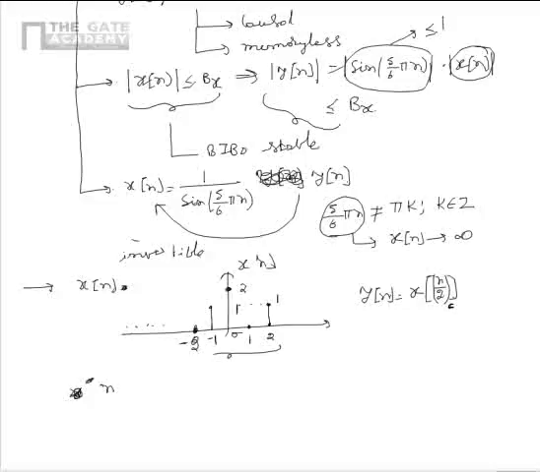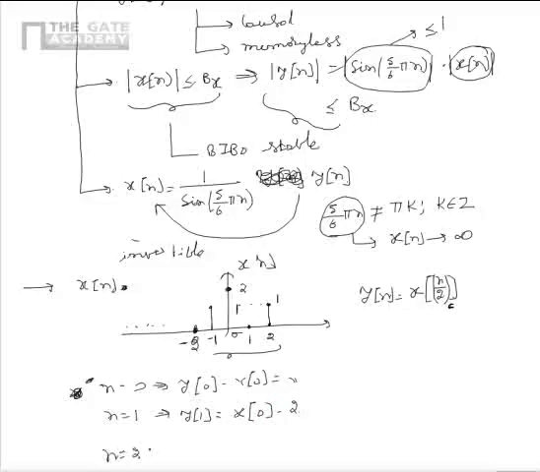Say at n equal to 0, y of 0 will be equal to x of 0, which will be equal to 2. At n equal to 1, y of 1 will be equal to x of 0. So this should also be equal to 2.